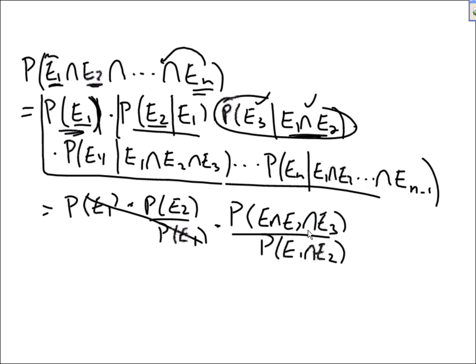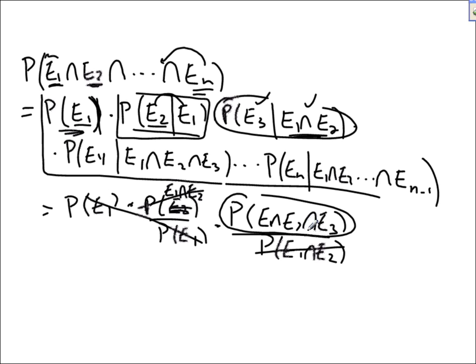And when I went to do this one, the numerator should be the probability of E1 intersect E2. I should have in here E1 intersect E2 or E2 intersect E1, but nonetheless, this cancels. If you notice, what survives is just P of E1 intersect E2 intersect E3.